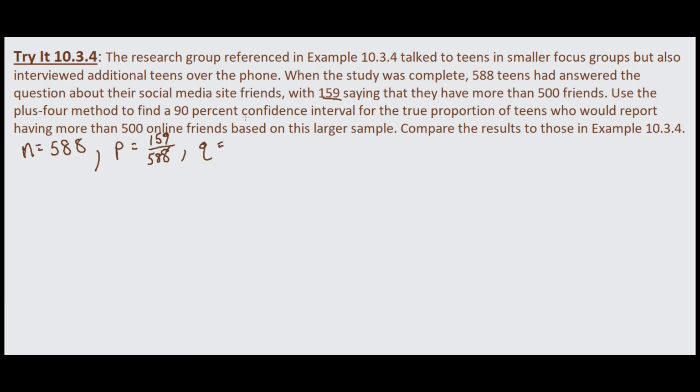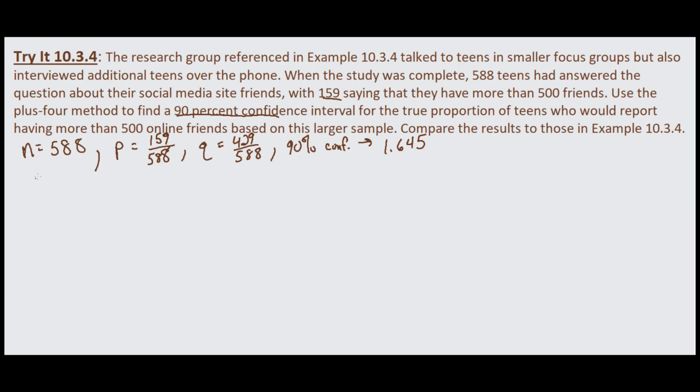Q is going to be the difference of that, 429 out of 588. 429 plus 159 is 588. And 90% confidence, which we should know leads to a Z critical value of 1.645.